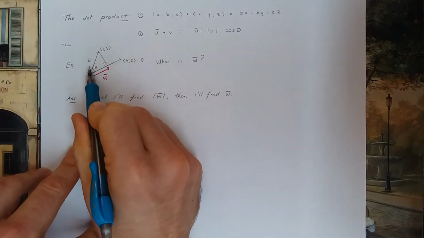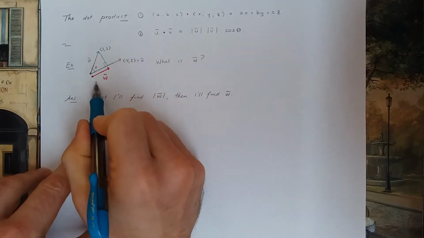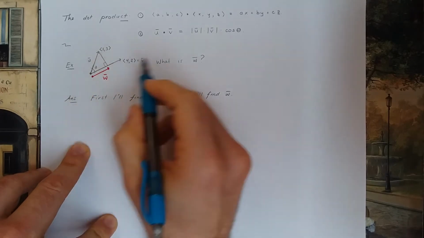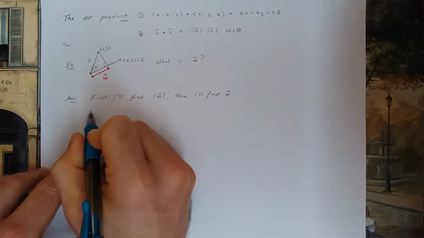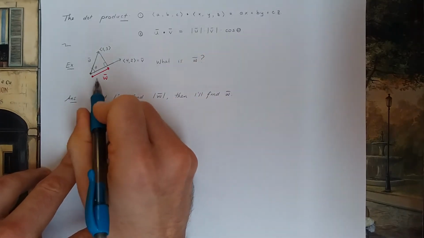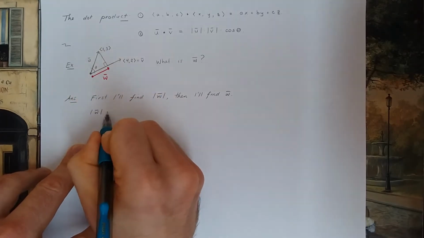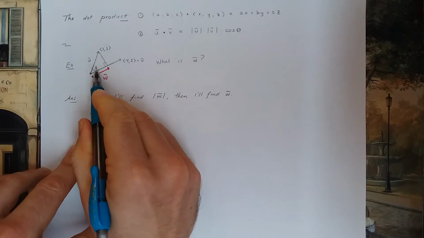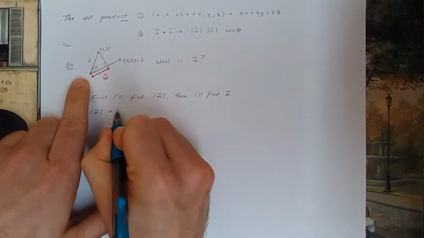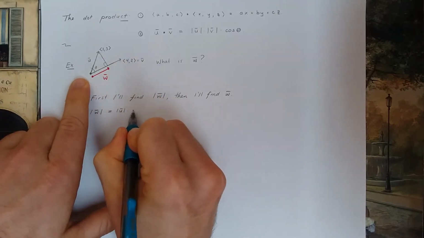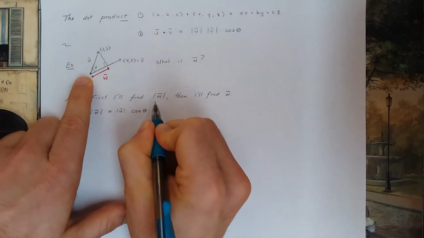Well, the dot product of these two vectors is given by equation 2. So the length of W, using right triangle trigonometry, should equal the length of U times cosine of this angle.